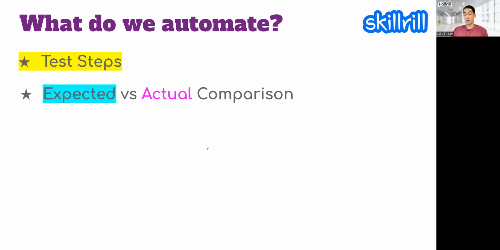What else do we automate, apart from test steps? We automate the expected and actual comparison. Remember we talked about expected condition and actual results, or expected versus actual behavior of the application, during the first lesson. That comparison is usually done visually, right?